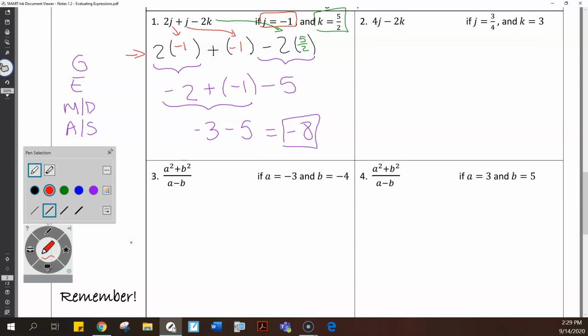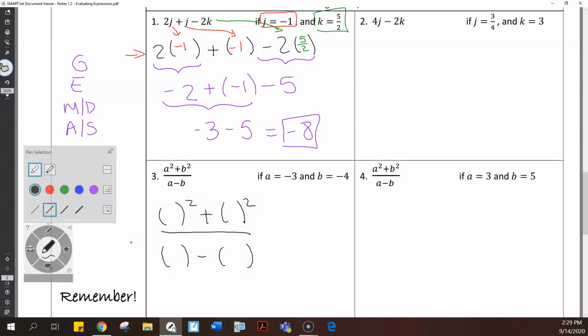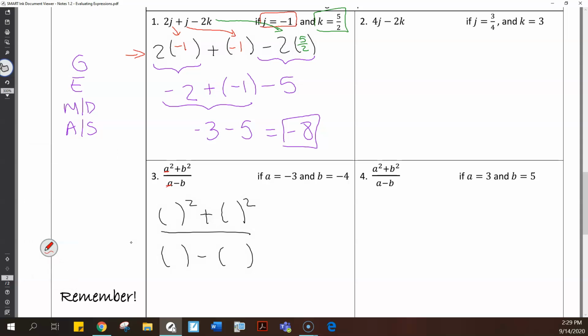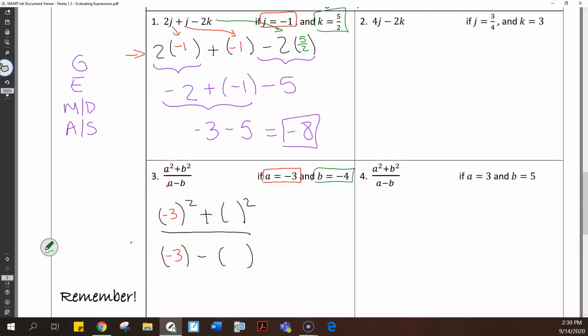Number 3. A squared plus b squared over a minus b, and I'm going to replace those with their respective values. So for everywhere I see an a, I'm going to put in -3, so 1 here and 1 there. For every b, I'm going to put in -4, 1 there and 1 there.